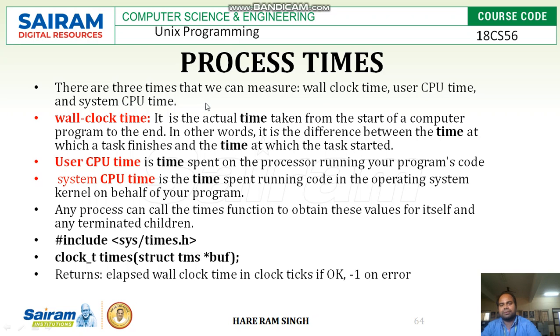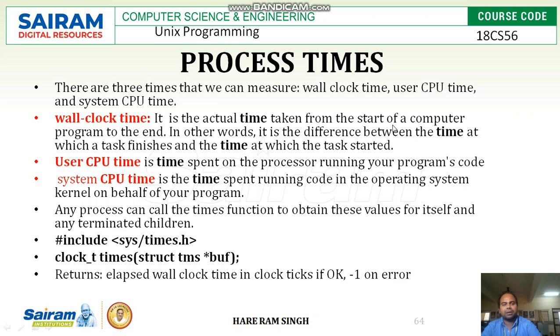There are three types of times that we can measure in the system. One is called wall clock time, another is user CPU time, and the third one is system CPU time. What is wall clock time?